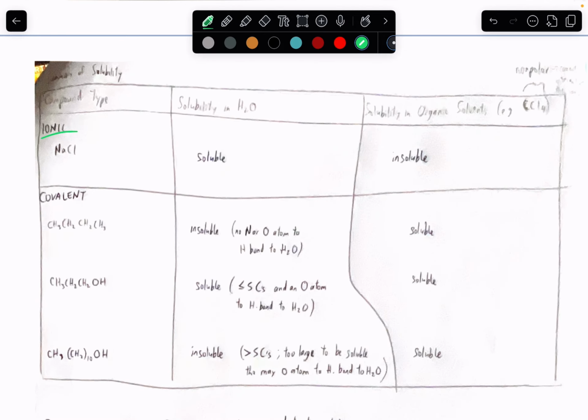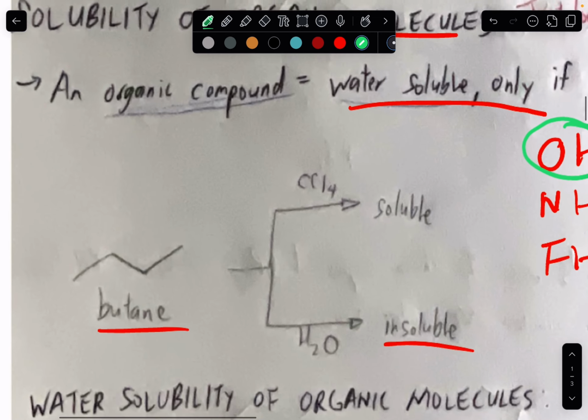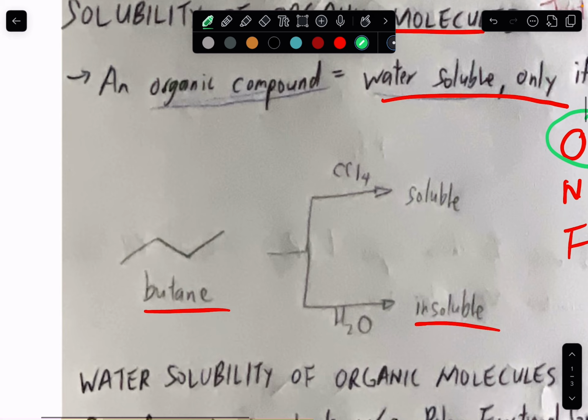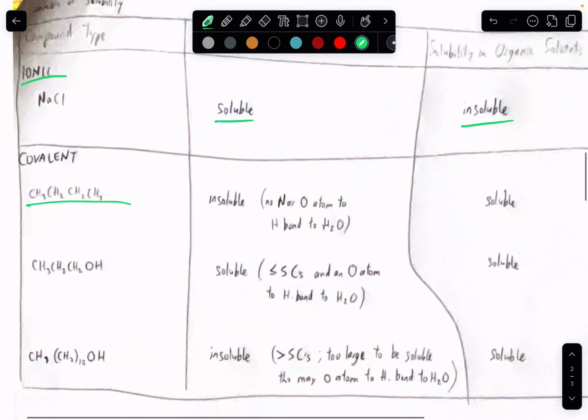So, yes, this is the summary. Kapag ionic compounds, soluble in water, insoluble kapag organic solvent. That's standard. Pag naman covalent, we have 3 conditions. So, one example to that is yung butane. Butane natin, walang heteroatom. So, there's no way that hydrogen bonding could be done to water. So, insoluble.